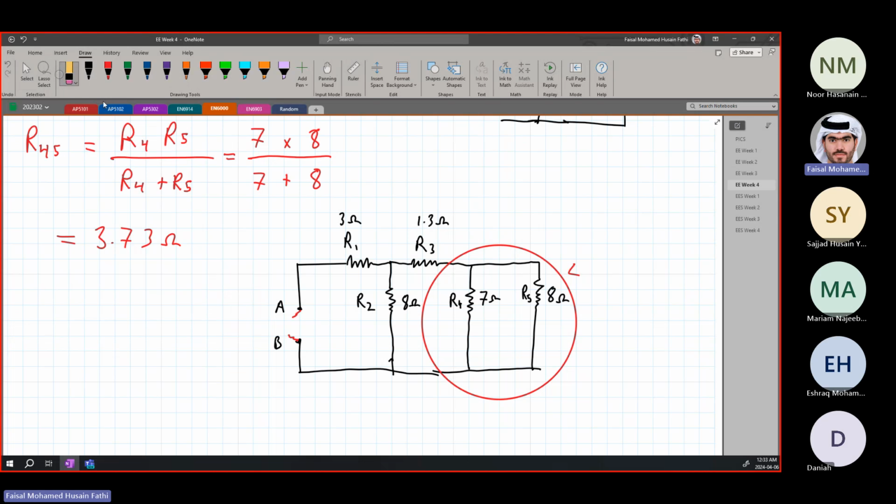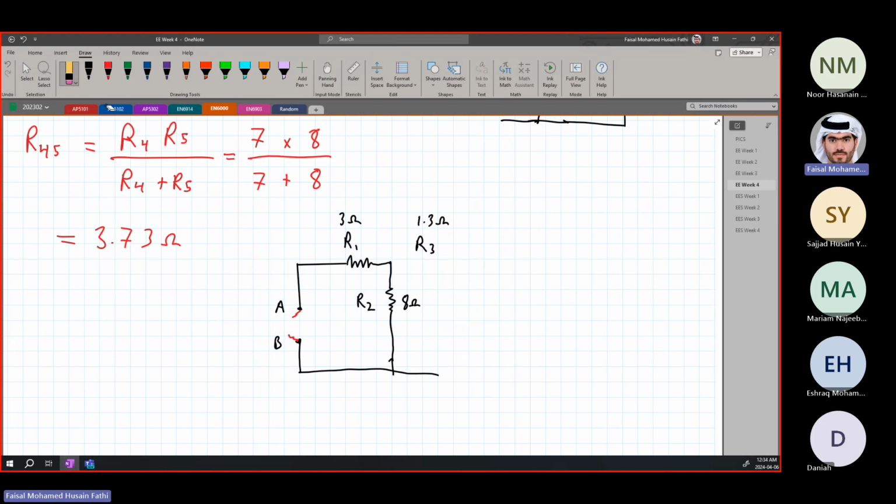This circuit now, we reduced these two, so we removed this and this. Okay, we have resistor 3 here, and now we just have one resistor here, which is R4,5.